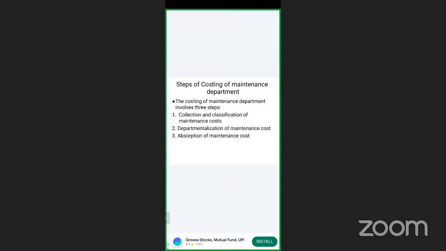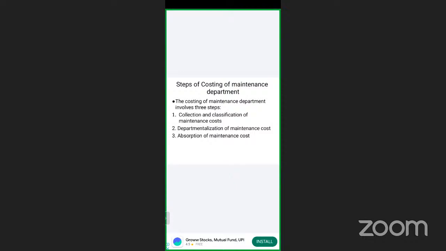How much is incurred by the management department? We have to segregate. How much is incurred by the commerce department? We have to segregate accordingly. This is what is meant by departmentalization of maintenance cost. Then comes absorption of maintenance cost.